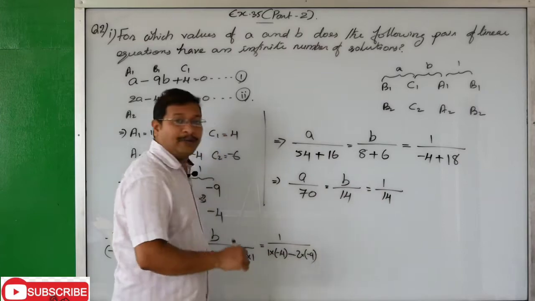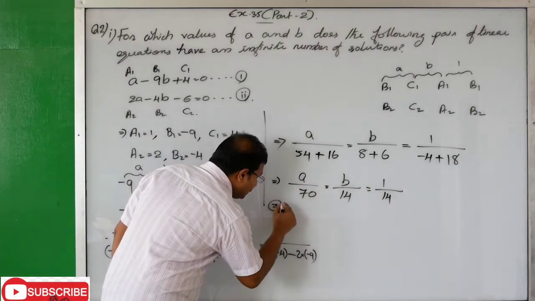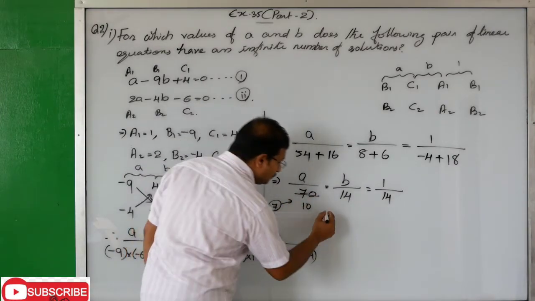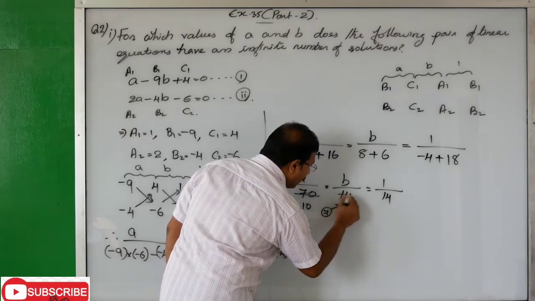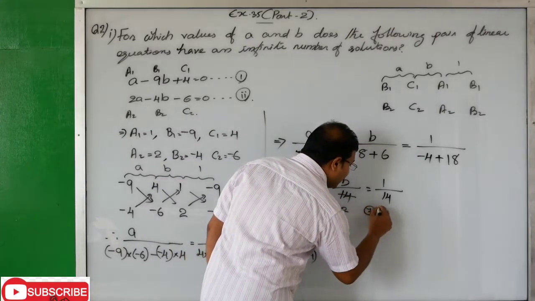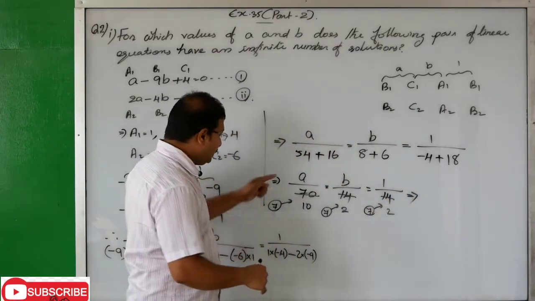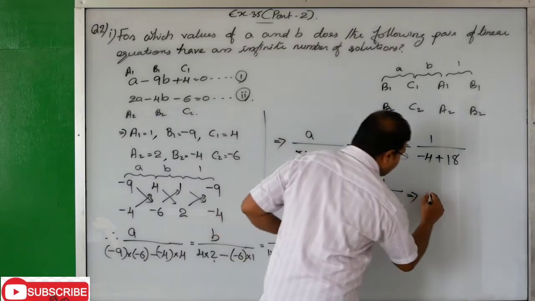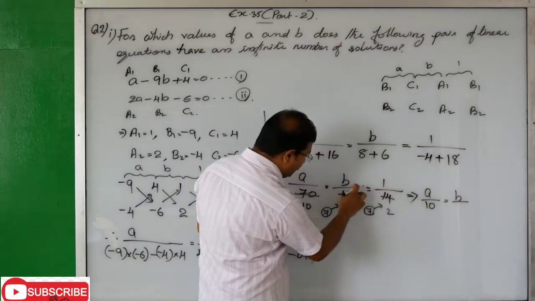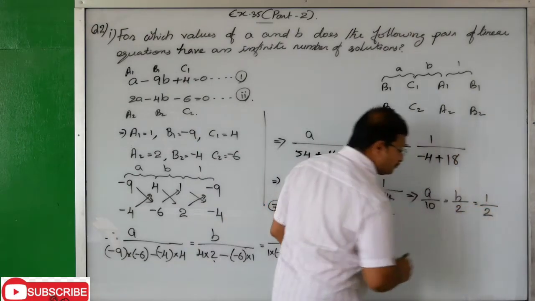The entire denominator will cancel by 7. 7 tens are 70. 7 2s are 14. 7 2s are 14. So this implies a by 10 equals b by 2 equals 1 by 2.